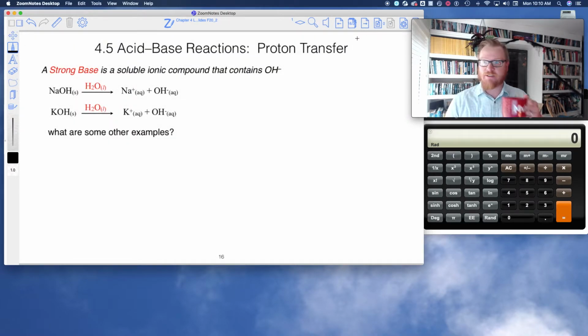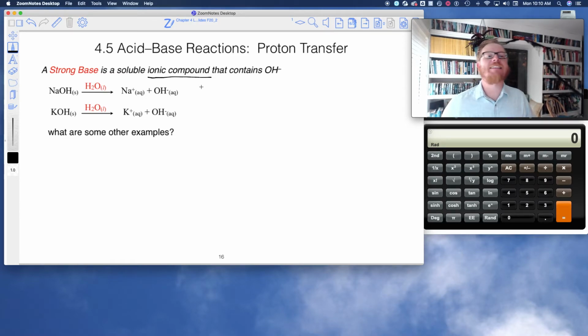Okay. So let's see, moving forward. So let's talk about bases now. So a base, a good definition is a soluble ionic compound that contains hydroxide. Okay. So keep that in mind, right? I just told you all those strong acids that technically in the absence of water, they are covalent. Okay.